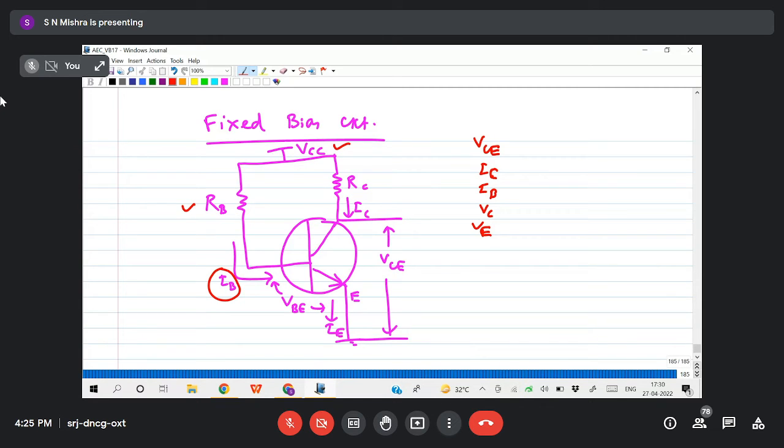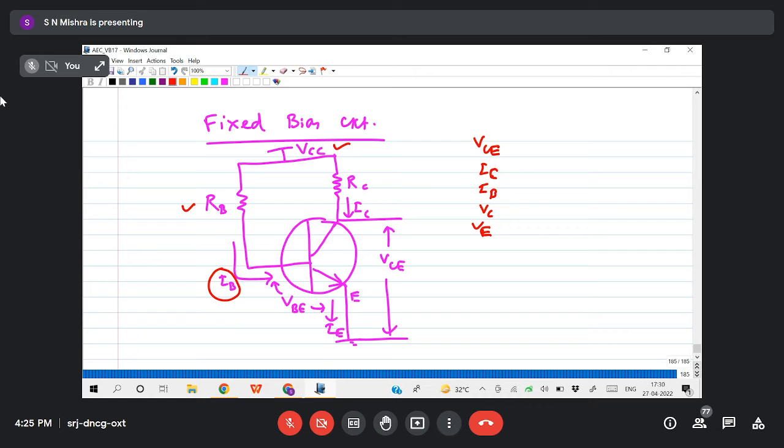Or even sometimes the circuit will not be given, only parameters like VCC, RB, RC and what type of transistor will be given, and it will say fixed bias circuit. Using these values you find the output voltage VC, output current IC, input current IB, and the voltage at the collector terminal and at the emitter terminal. So 5 marks.